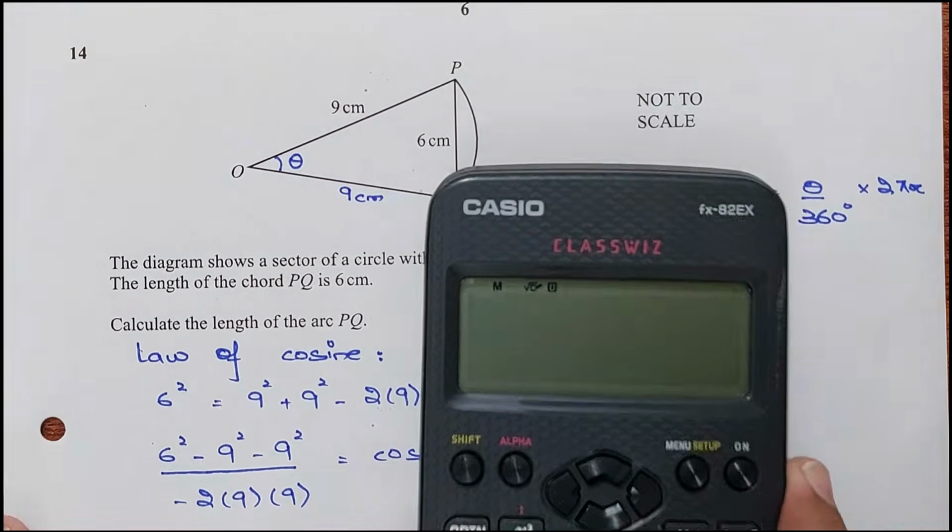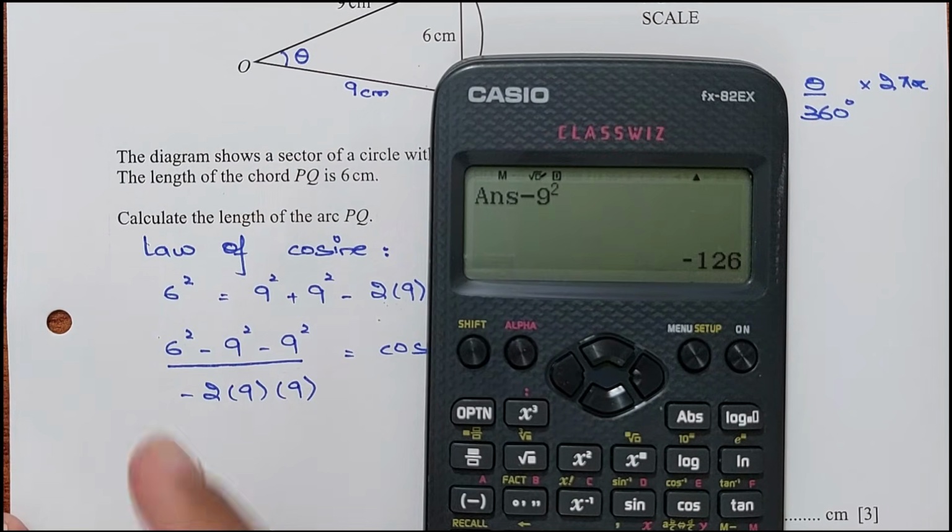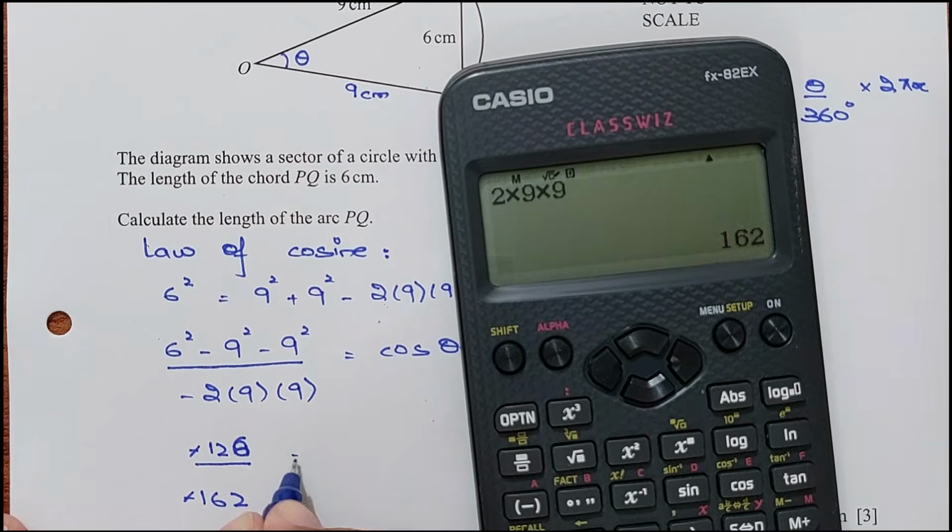Let me simplify. 6 squared minus 9 squared minus 9 squared is negative 126, and 2 times 9 times 9 is minus 162. The negative sign is cancelled with the negative.